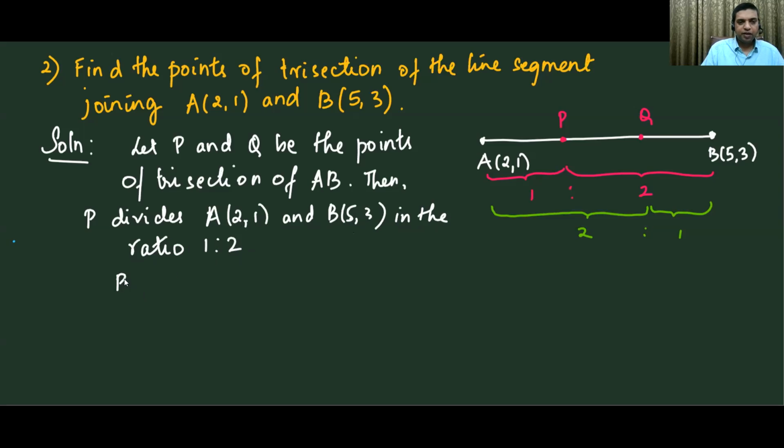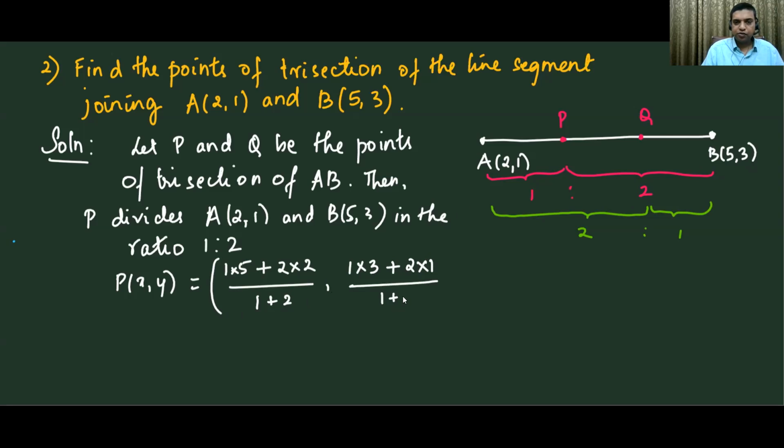So what will be P? 1 times 5 plus 2 times 2 by 1 plus 2, comma, the y coordinate 1 times 3 plus 2 times 1 by 1 plus 2.